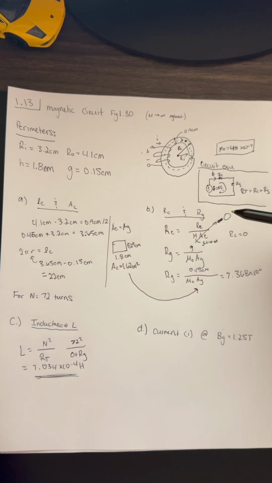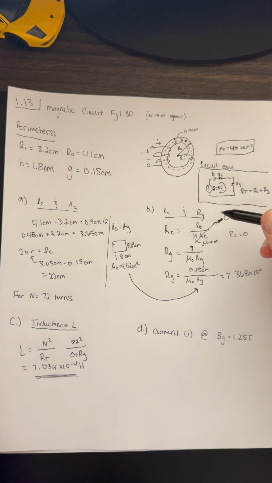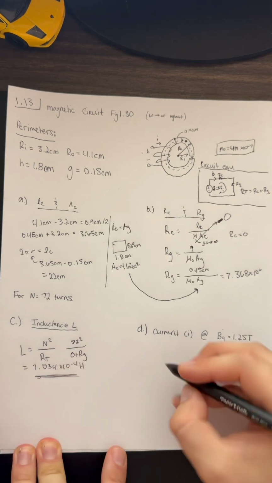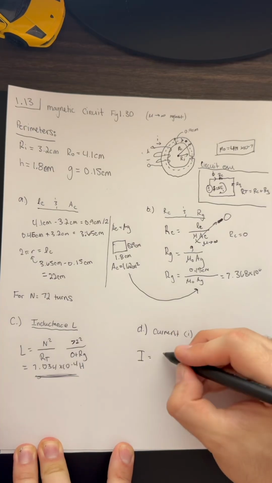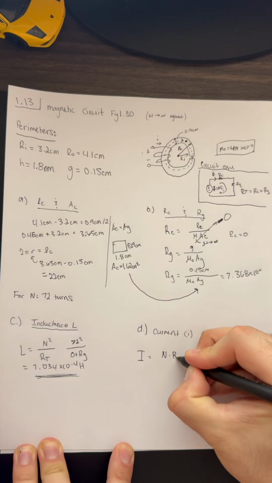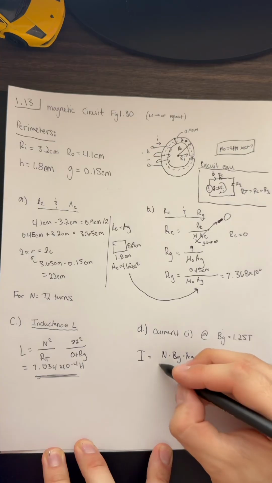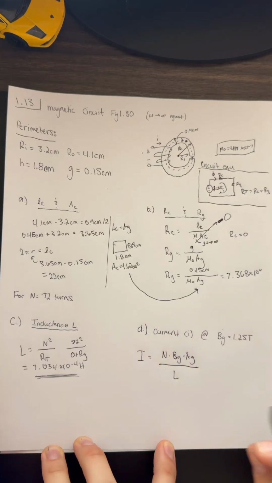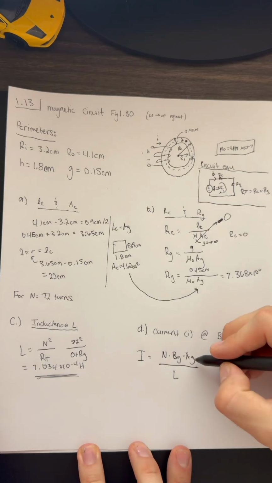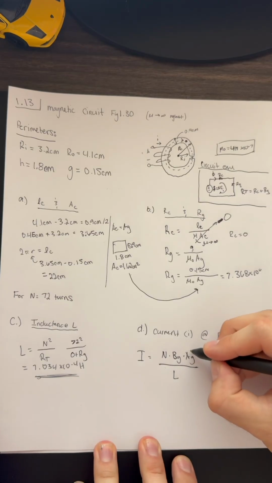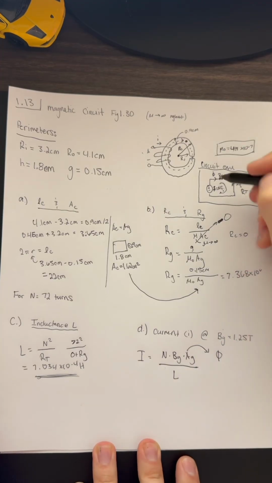And so from there, you can also calculate current. So current I is equal to N times BG times AG, divided by L. And BGAG, right here, is equal to the flux, phi, of our circuit.